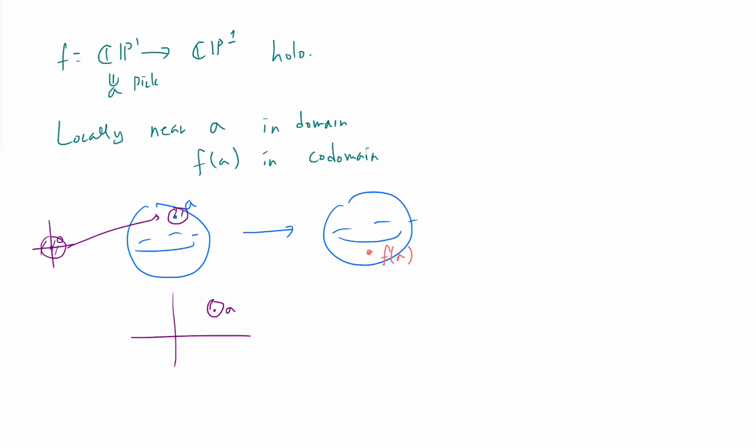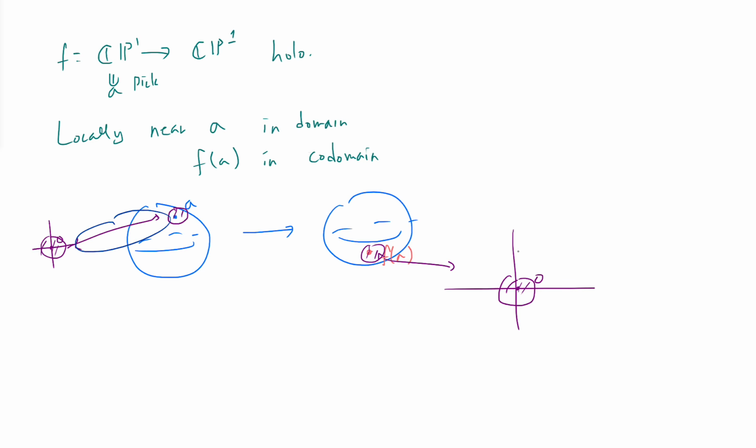We're not exactly going to do this, but my point is it's possible to identify A with 0. And again, using something similar, you can identify a neighborhood of F of A to a neighborhood of 0 in the complex plane.